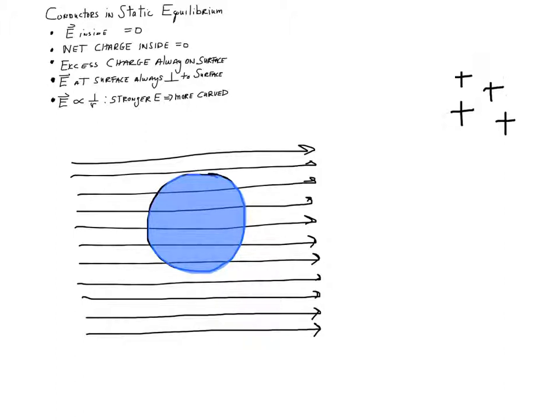So what happens? Now there's a field inside. So picture this, the field. There are free electrons in here, and free electrons move opposite the field. So a free electron is going to move over here and terminate this field line. So what we would have is a negative charge here.